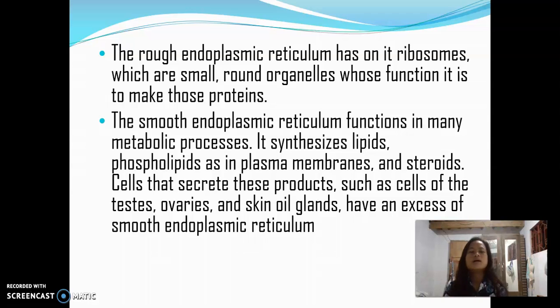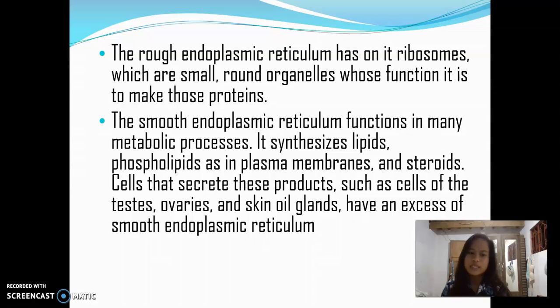What is the difference between these two? The rough endoplasmic reticulum has ribosomes on it, which are small, round organelles whose function is to make those proteins. The smooth endoplasmic reticulum's function is many metabolic processes.